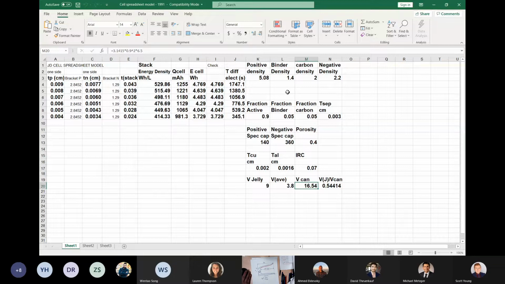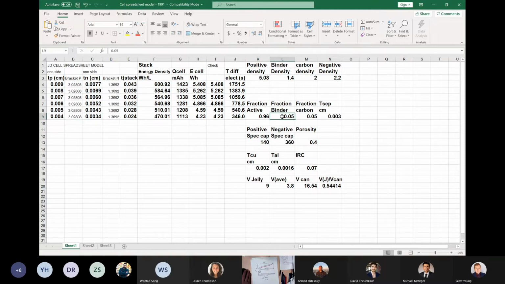Okay, so now we're gonna be a Japanese engineer and say, okay, let's improve these cells and see what we can do, all right? So for a long time, everything stayed with lithium cobalt oxide, but the active fractions started to increase. So maybe we'll go all the way to 0.96, okay?